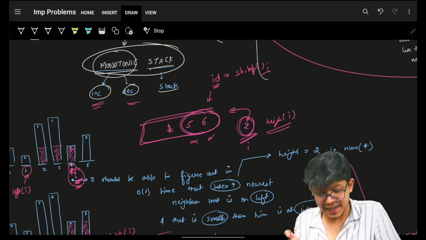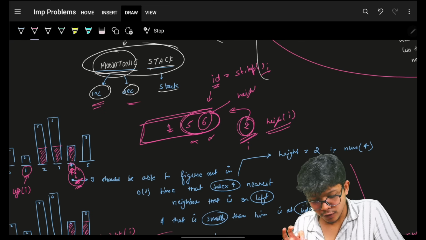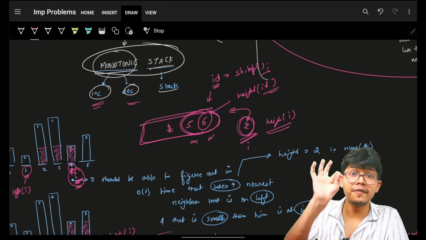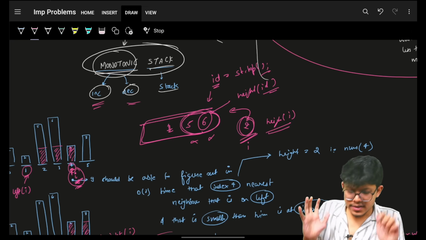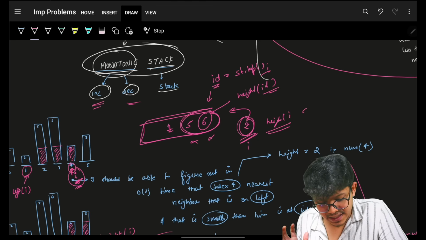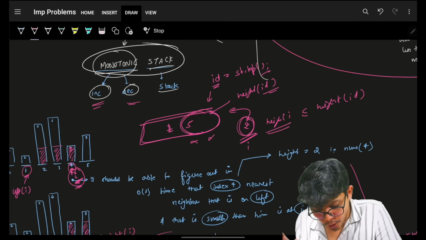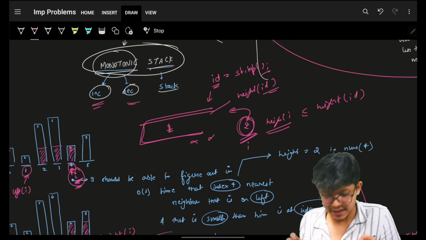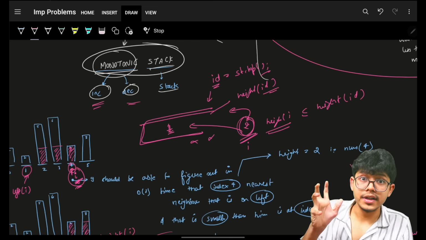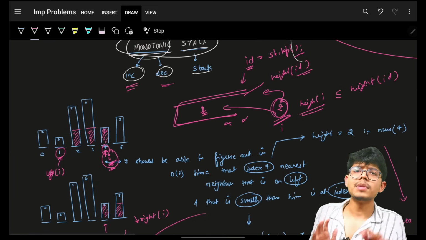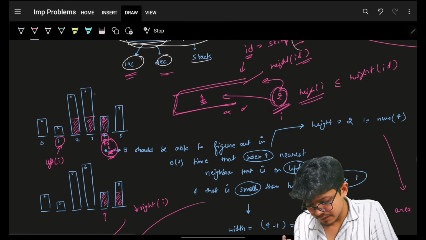So this value itself will be heights of id, the top value which I will have. Now, by your use case, if heights of id is greater than or equal to heights of i, then I should pop this element. If not, then I see who is here. Here is 1, and 1 tells me, I am smaller than you. So if he is smaller than me, then I have to stop here.